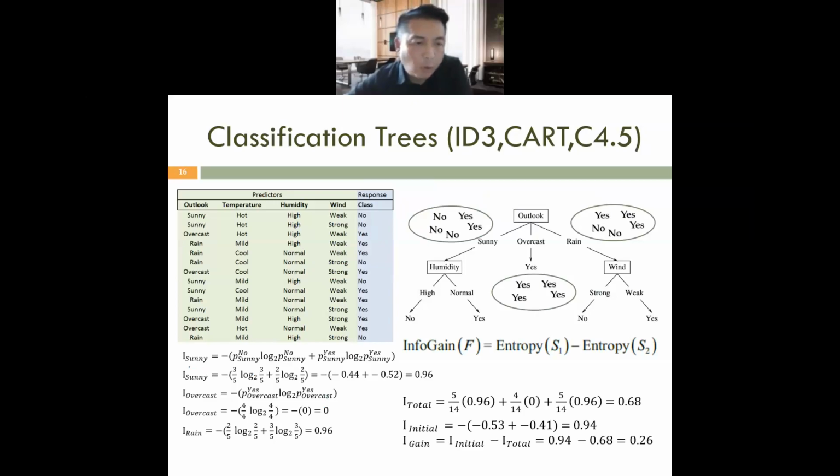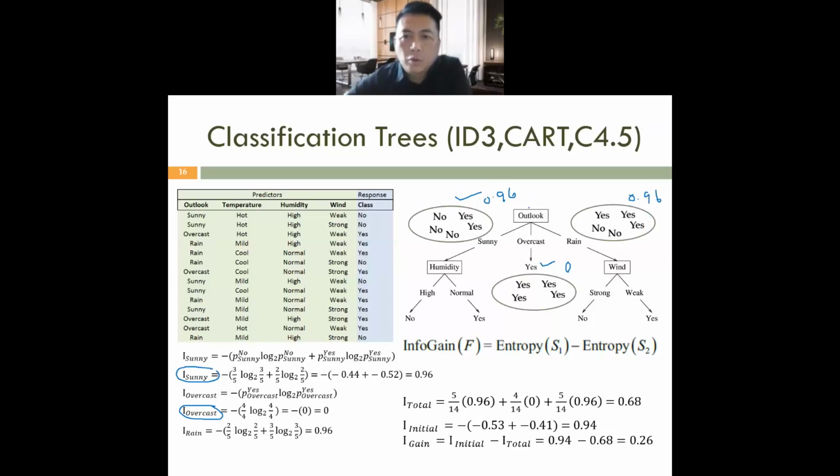This is the entropy for the sunny, which is this one, and this is the entropy for the overcast, which is this one. So this is 0.96, this is 0, and for the rain, it will be 0.96 as well.